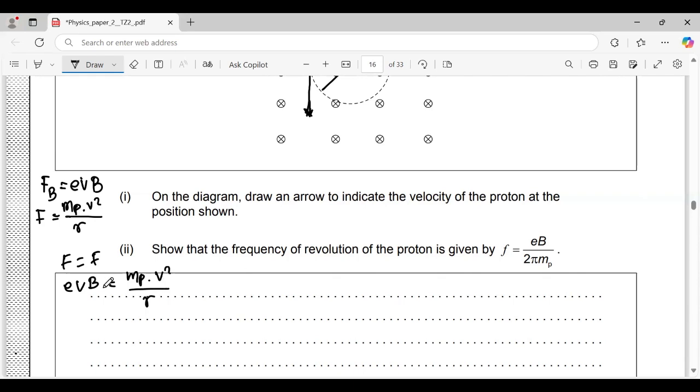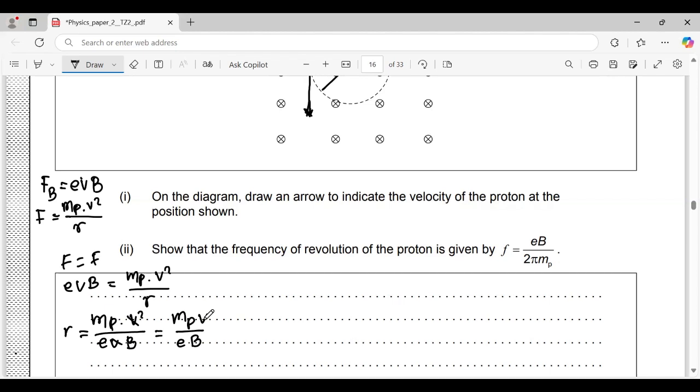To determine f, we need to find r, the radius. If radius is the subject, we can rearrange this to r equals mp v squared over e v B. Dividing, it becomes mp v over e B. Yes, that is the radius.